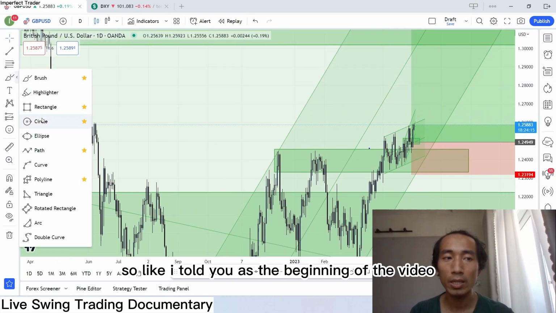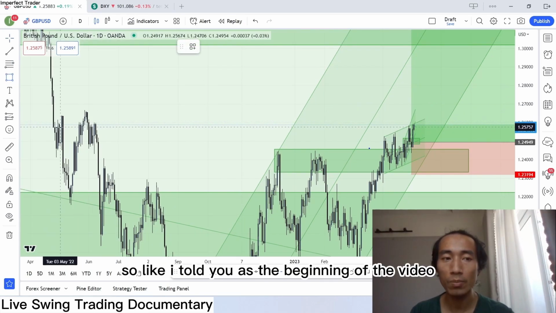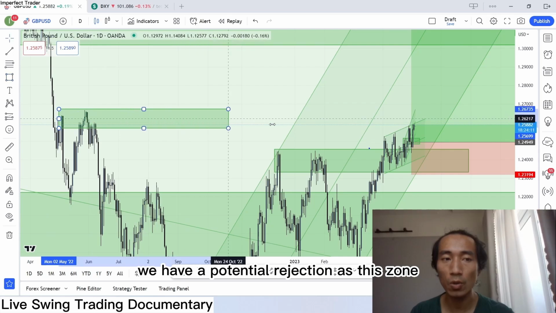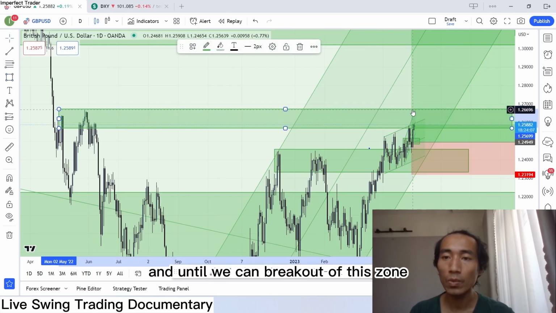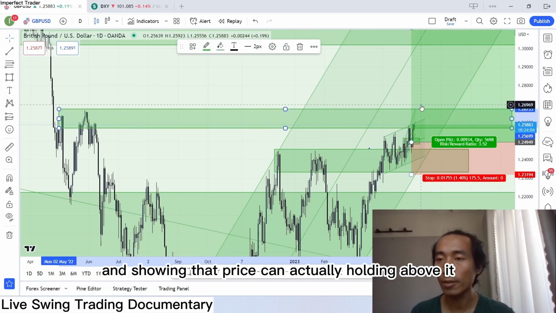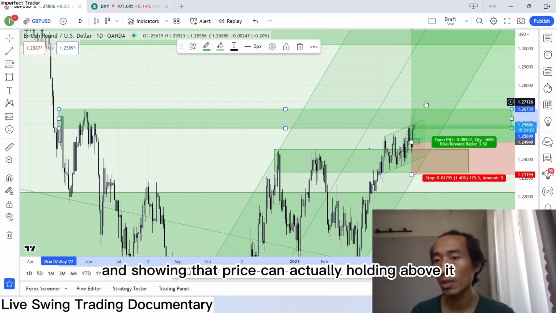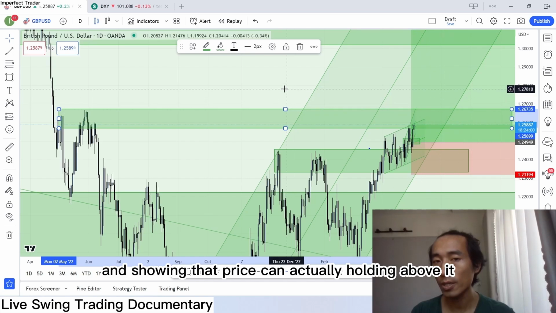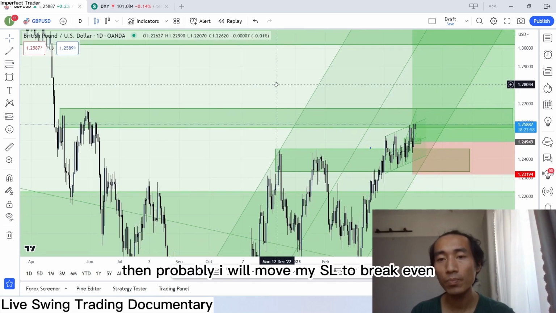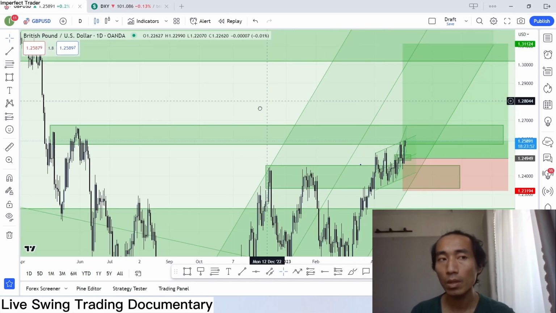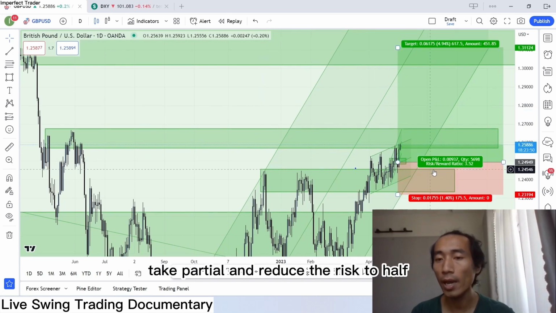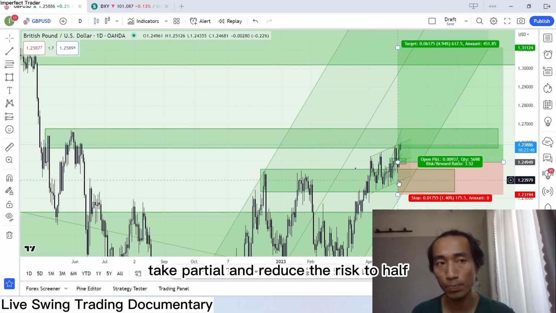Like I told you at the beginning of the video, we have a potential rejection at this zone. Until we can break out of this zone and show that price can actually hold above it, I will probably move my stop loss to break even, or I may consider taking partial profits and reducing the risk to half.